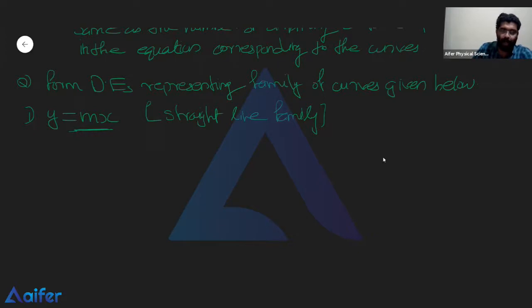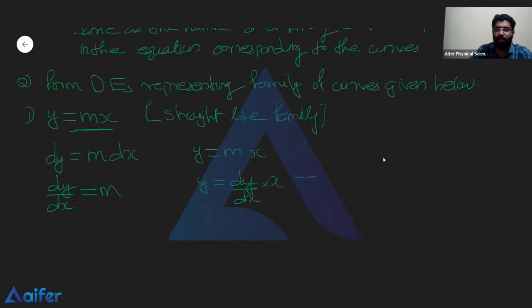What do you have to do? Differentiate it. So dy equal to m dx, or dy by dx equal to m. Now your m is ready. Now you can replace m, and y equal to mx, y equal to dy by dx into x, which implies x dy by dx minus y equal to 0.